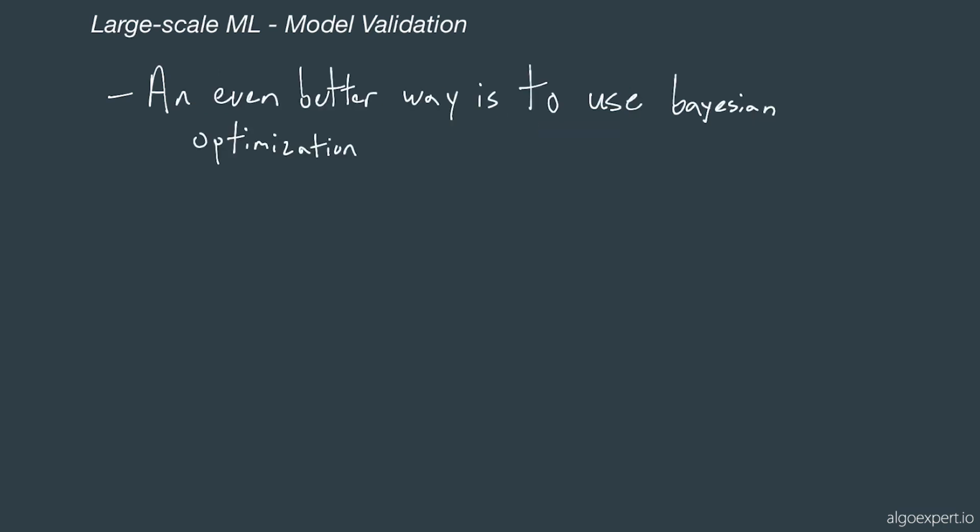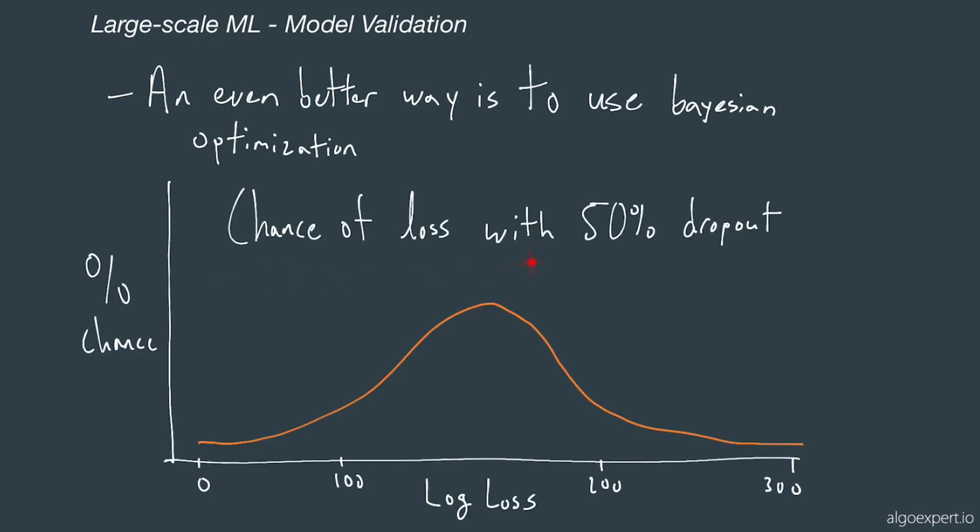However, an even better way is to use Bayesian optimization. So here we have a graph. This is the chance of some particular loss given a 50% dropout of some layer in a neural network. This is technically our prior. So since we don't know that a 50% dropout on a given layer would get us some particular loss, we're taking a guess here with our prior, and we're assuming that there is a 0% chance of a zero loss given a 50% dropout.